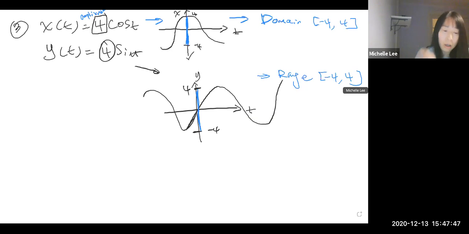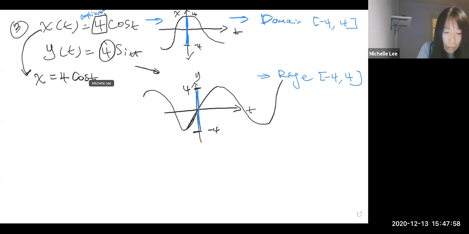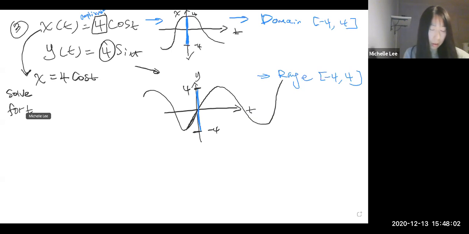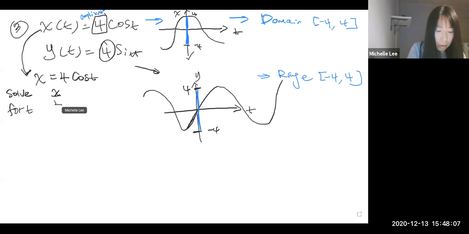Now, let us do this one. This is x equal to 4 cosine t, solve for t, right? Like the previous example, then this will be x over 4 equal to cosine t. Okay.